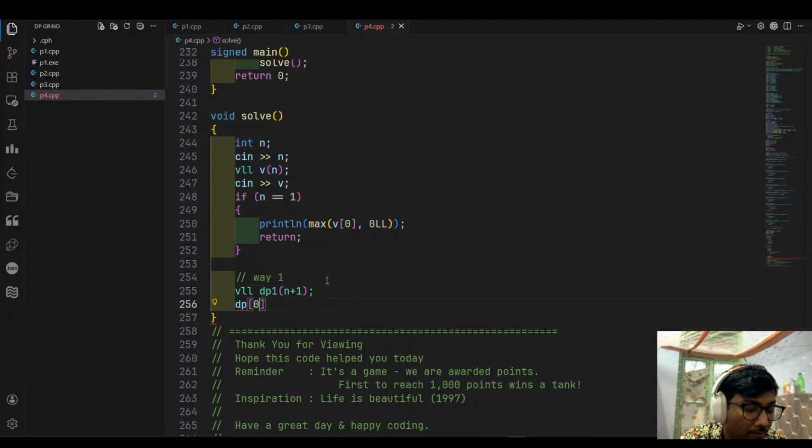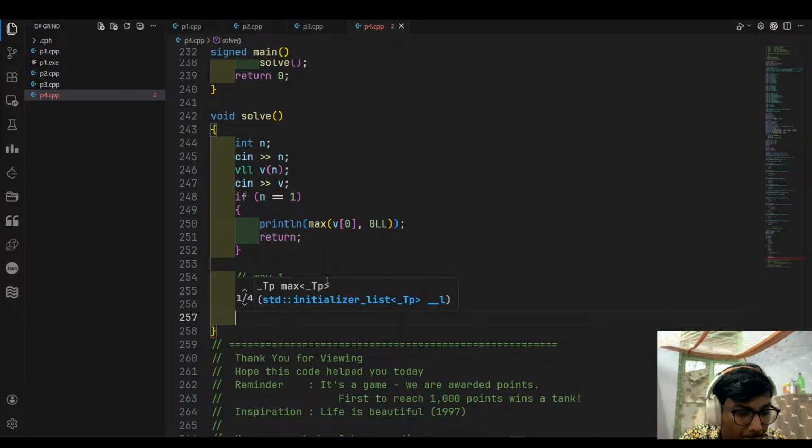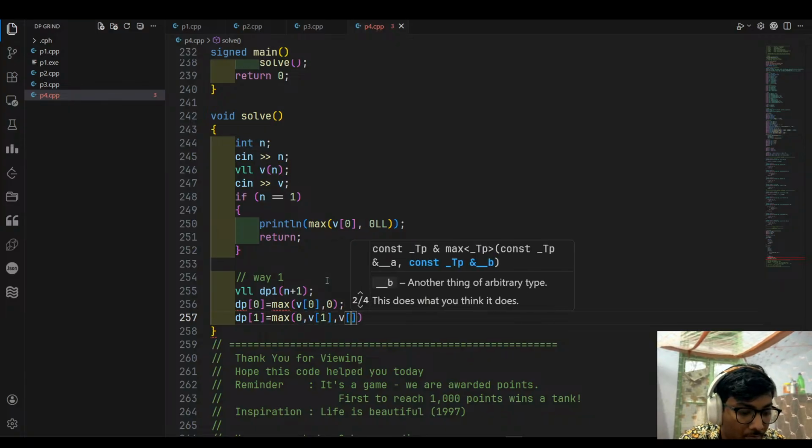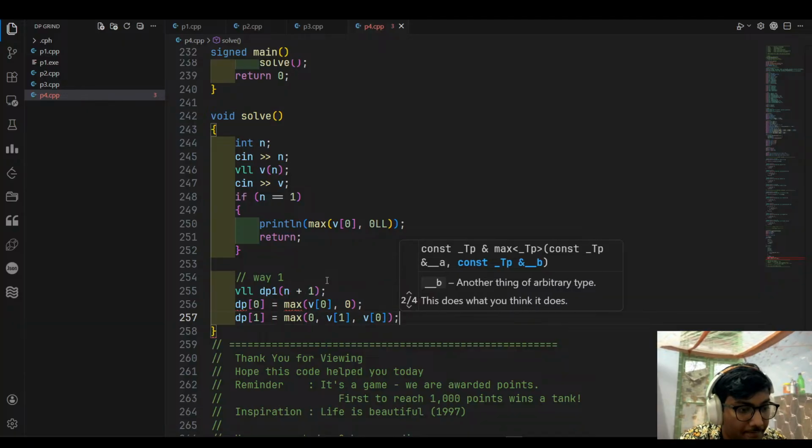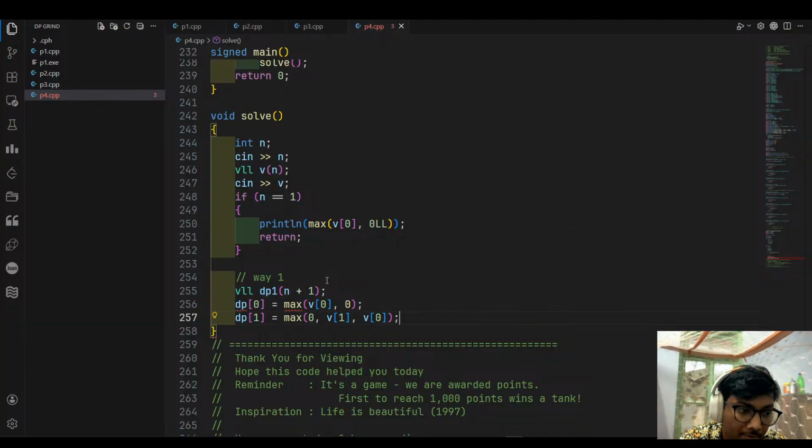So dp of 0 equal to max of v0 and 0, and dp of 1 equal to max of 0, comma v of 1, comma v of 0. That's how we have defined.